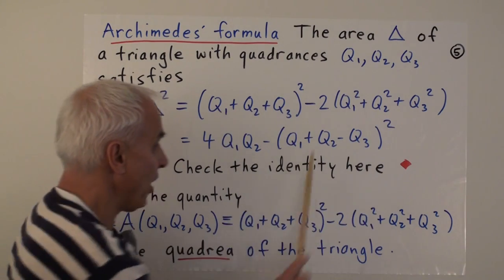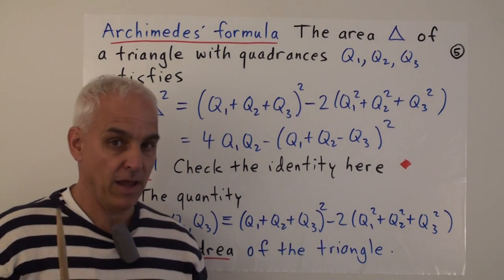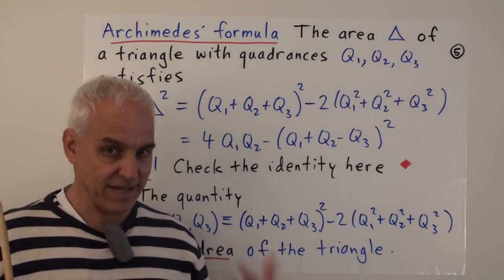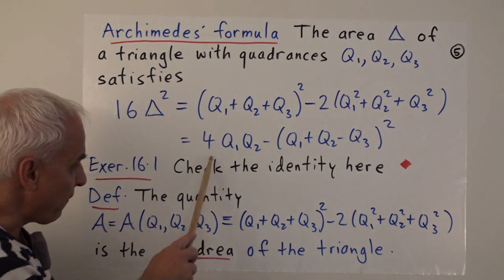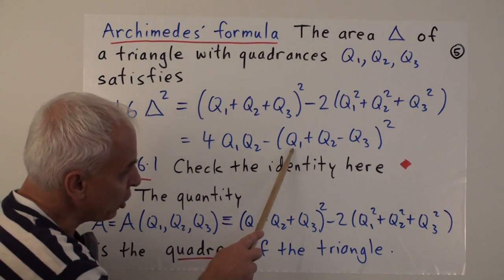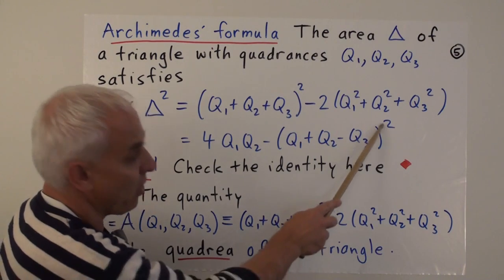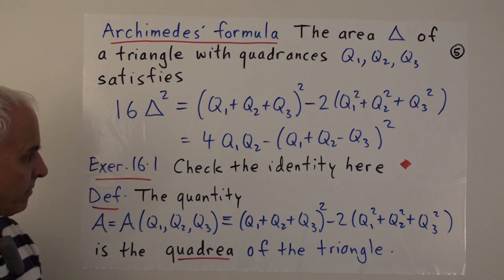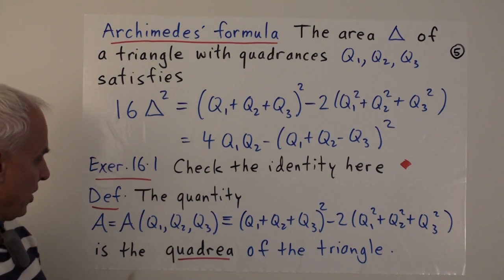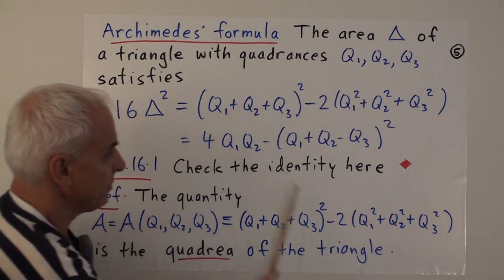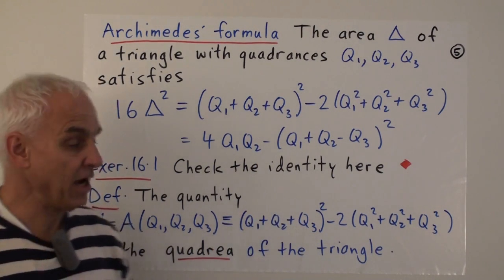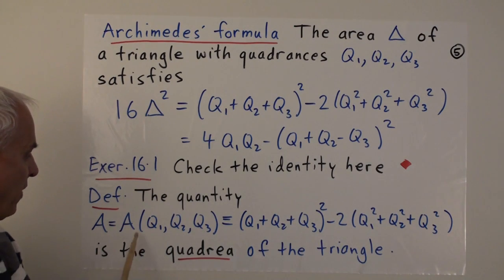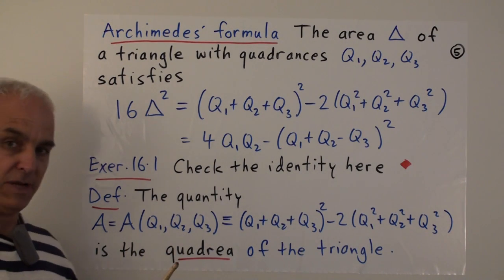So this is purely a formal algebraic identity. If you expand this out, and expand this out and compare, you'll see that they're exactly the same. So here we have 4 Q1 Q2 minus (Q1 plus Q2 minus Q3) all squared. And I'm going to give this thing a name. This quantity, the difference between the left and right hand sides of the triple quad formula, we're going to call A, for Archimedes.